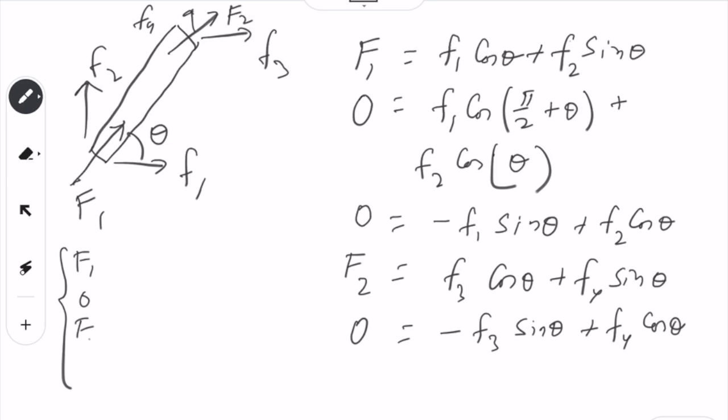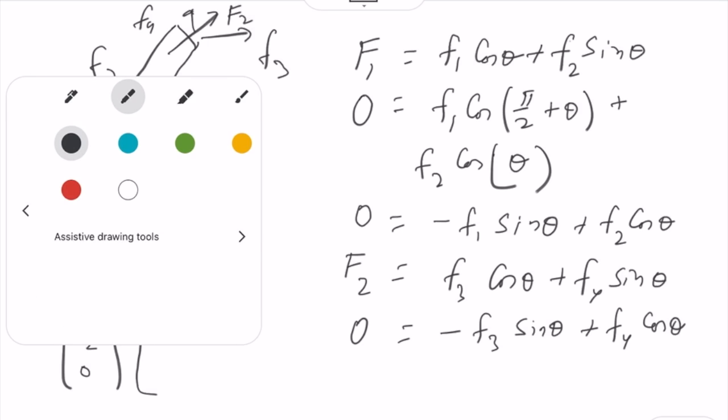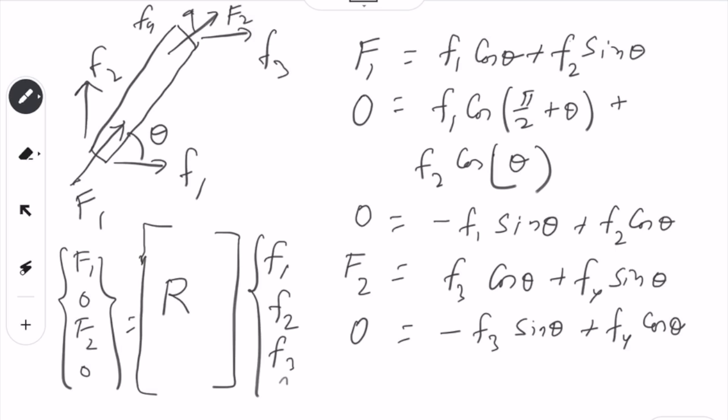F1 0, F2 0 is equal to, whatever the value here will be, let's call it transformation matrix R, and then there will be a small f1, a small f2, a small f3, a small f4. The idea is to find out this R.